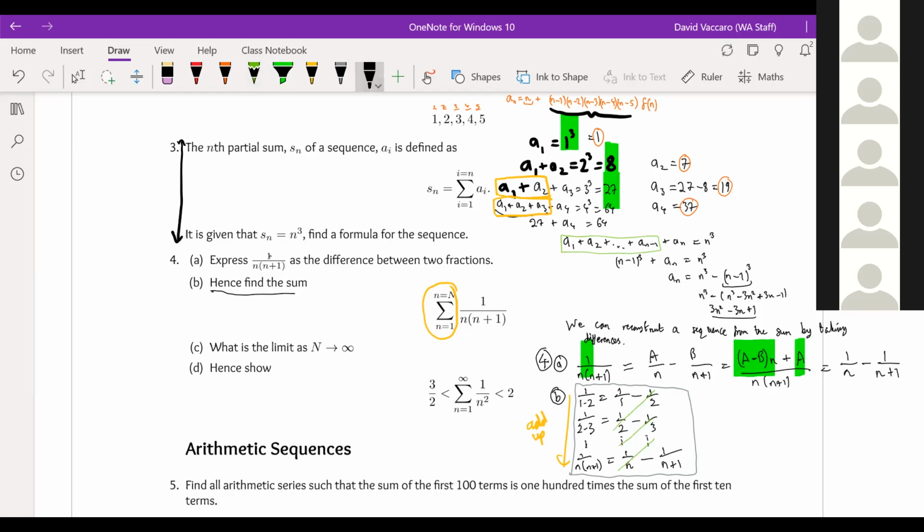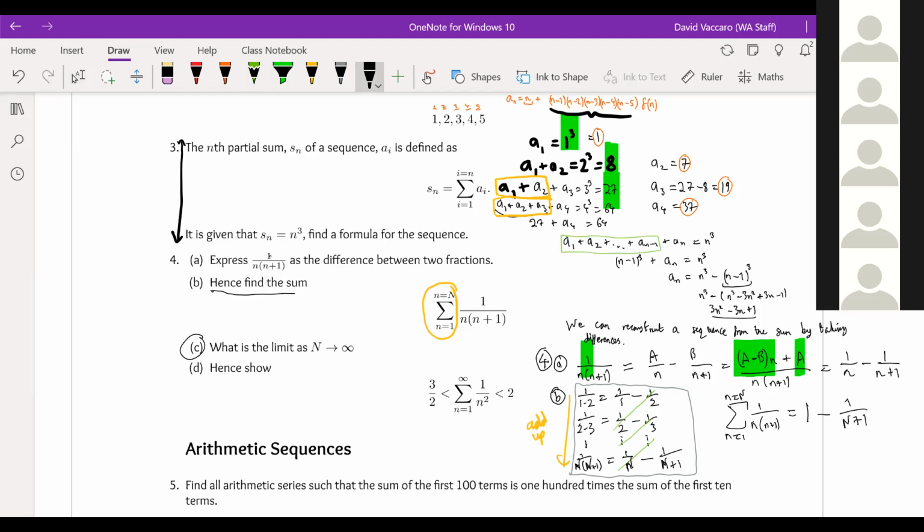So when we add everything up, we get that the sum from n equals 1 to n equals capital N of 1 over n plus 1, the only terms which are left are the first one and the last one, and that should have been a capital N. So we get 1 minus 1 over N plus 1.